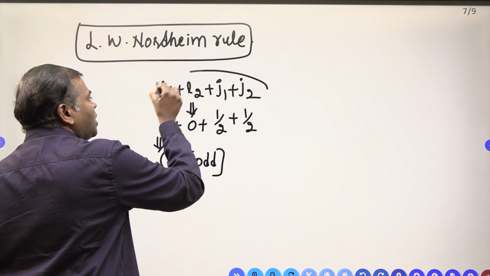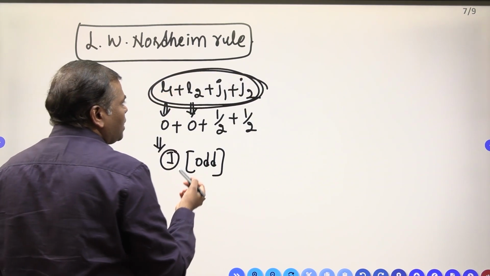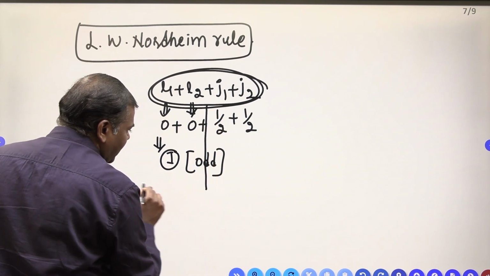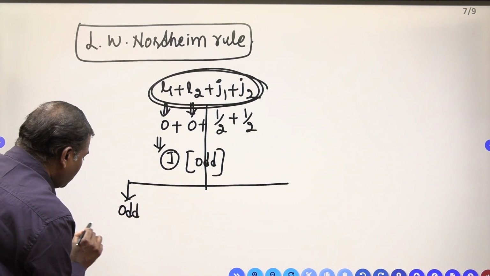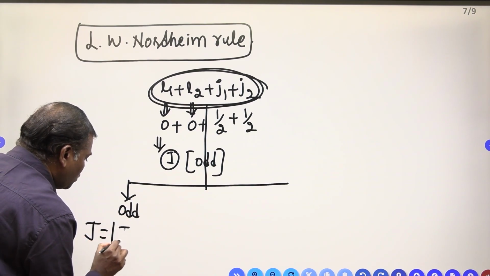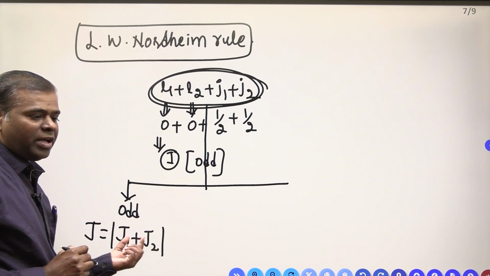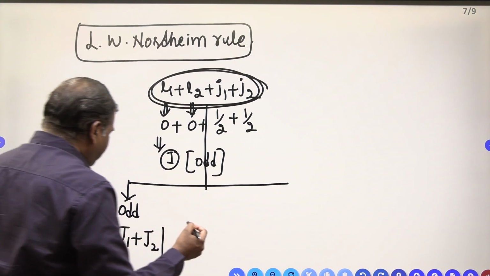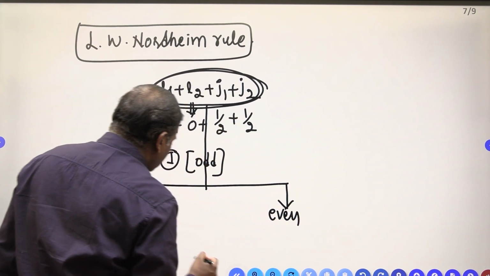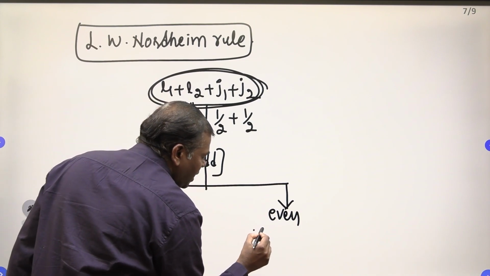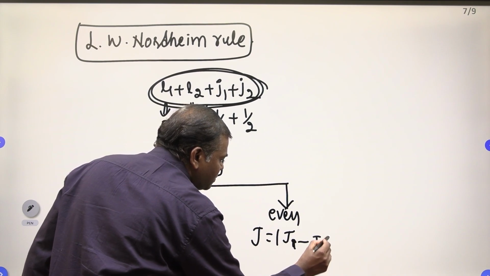If L1 plus L2 plus J1 plus J2 is odd, then the nuclear spin is equal to modulus of J1 plus J2. If this value is even, then J is equal to modulus of J1 minus J2.